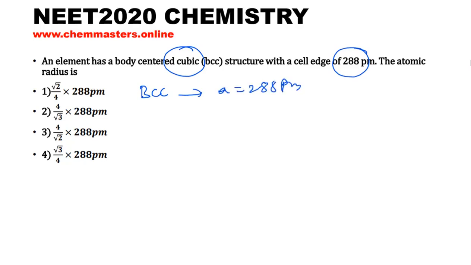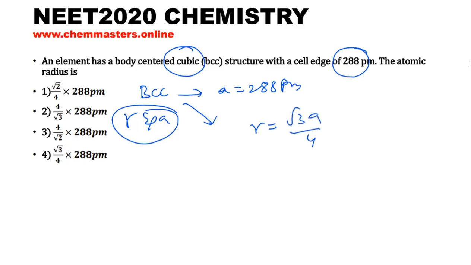Now we need to recall the relation between the atomic radius and edge length of the unit cell. For the BCC, the atomic radius r equals root 3 a by 4. So just substitute the a value here: root 3 by 4 into 288 picometer. Now the fourth option is the correct answer.